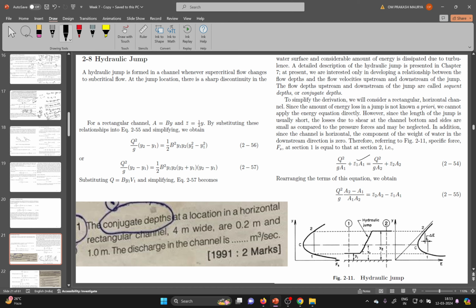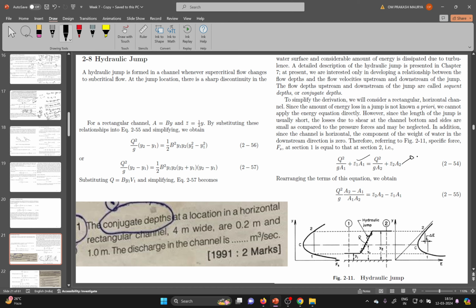Because during the hydraulic jump there are some energy losses, and we don't know how much losses. So we have the only one option, the specific force expression, that is the momentum conservation equation. At section 1 and section 2 momentum is conserved, so that's why in hydraulic jump we always use the momentum conservation equation.